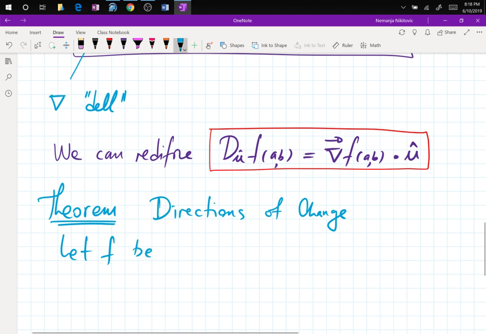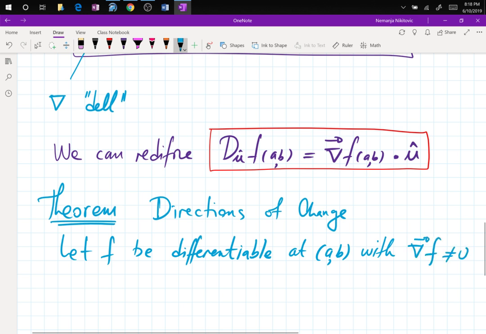Let f be differentiable at point AB, that's our domain, with del f not 0. Number 1.